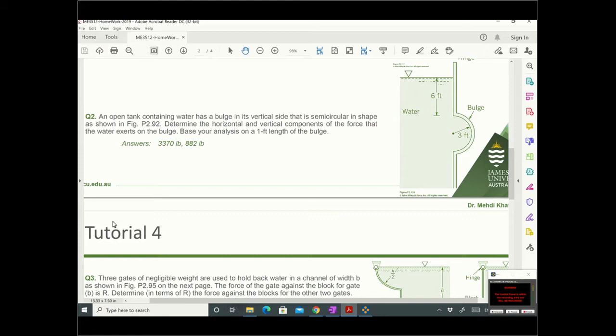And then, because we have water inside, you're going to have weight and pressure from the side of the tank.